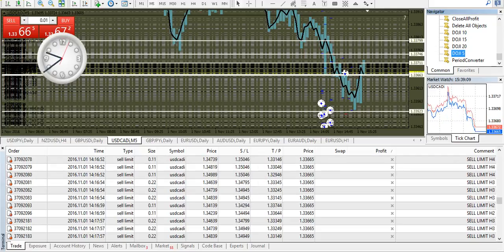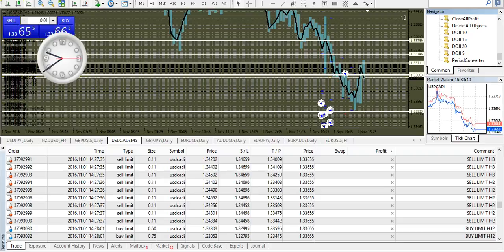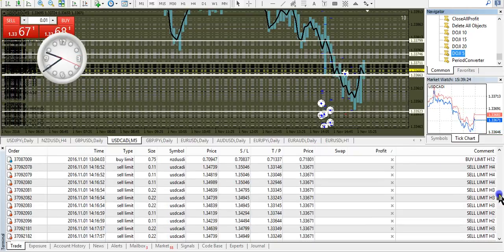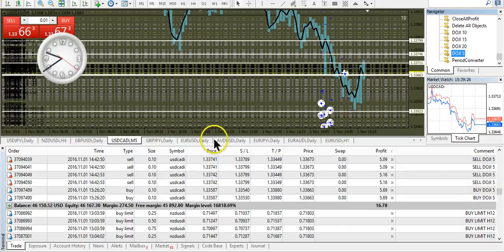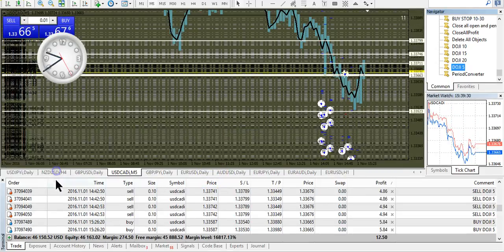Looks pretty wicked. Big rally coming in this euro. So this thing's crashing down. Totally wiped out the account there.